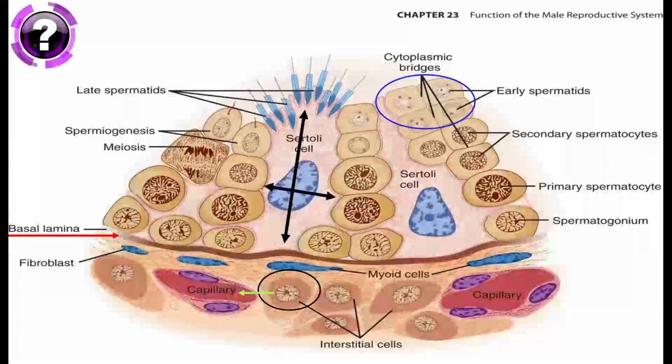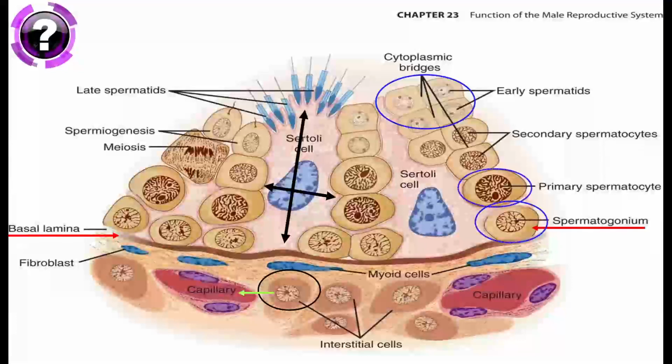And compare the difference between this blue nucleus and the nuclei around it. You find that it is the largest, and we have seen that in the cross section of the seminiferous tubules. Then it is the spermatogenesis, and the spermatogonia sitting at the periphery.